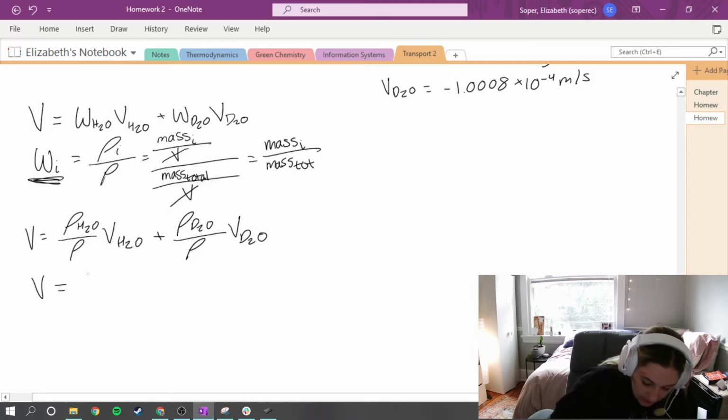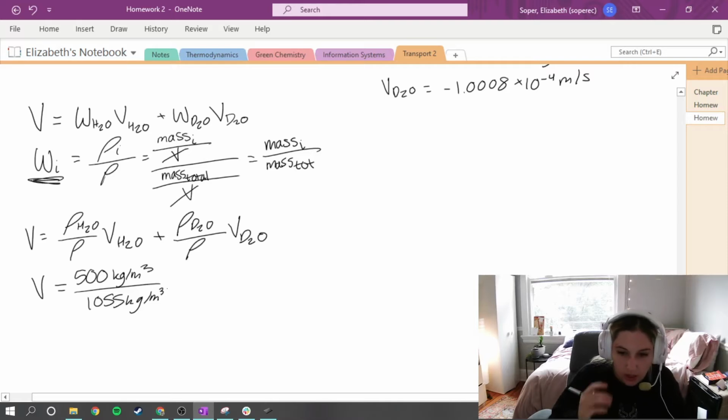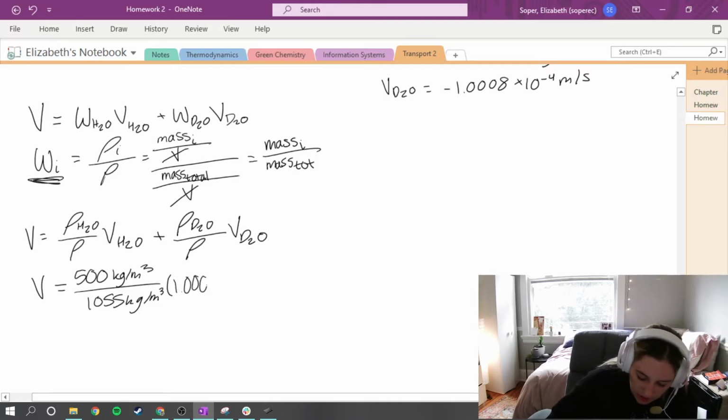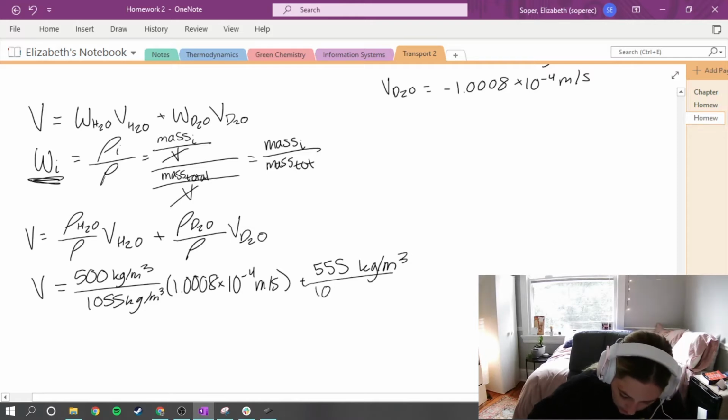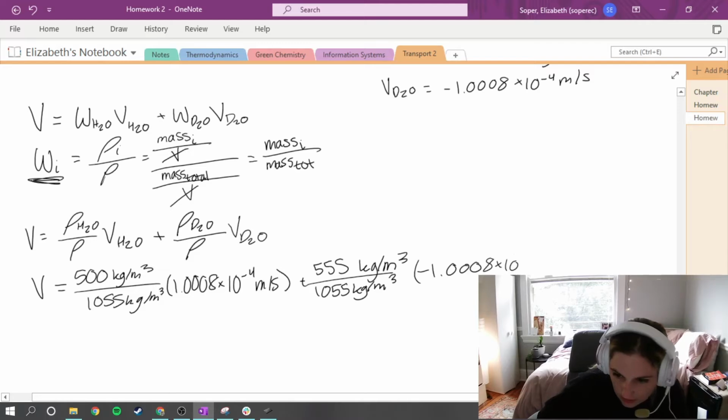So we know that this is 500 kilograms per meter cubed over 1,055 kilograms per meter cubed, times the number that we just calculated, which is 1.0008 times 10 to the negative fourth meters per second, plus our mass concentration for deuterated water over the total mass concentration that we calculated before, times the negative 1.008 times 10 to the negative fourth meters per second.